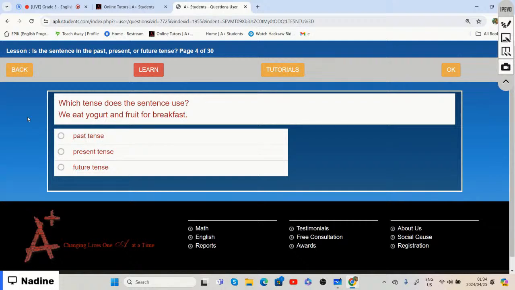All right. If we look at the sentence, it says we eat something that they are doing now, right? So we eat yogurt and fruit for breakfast, so we will say that is in the present.